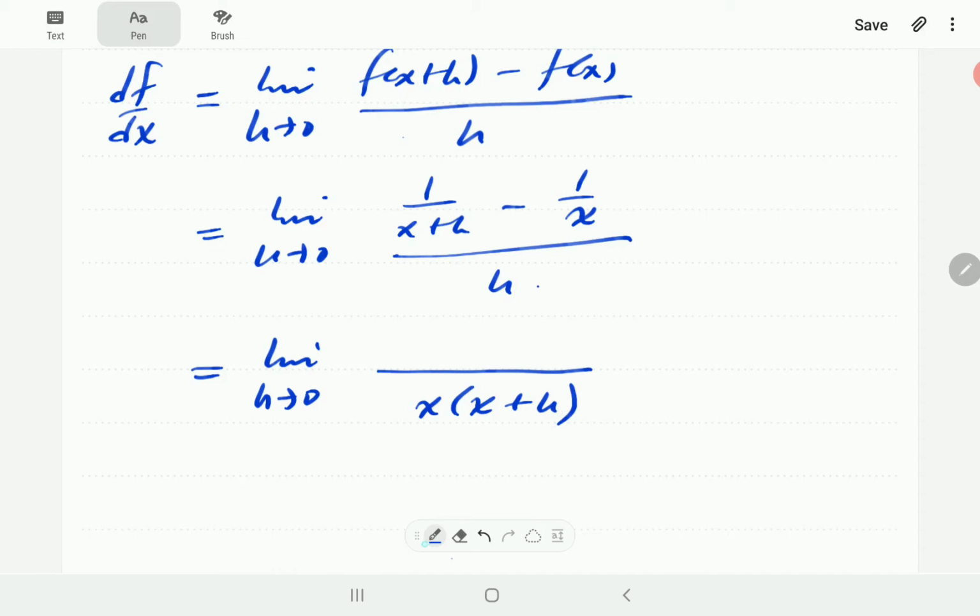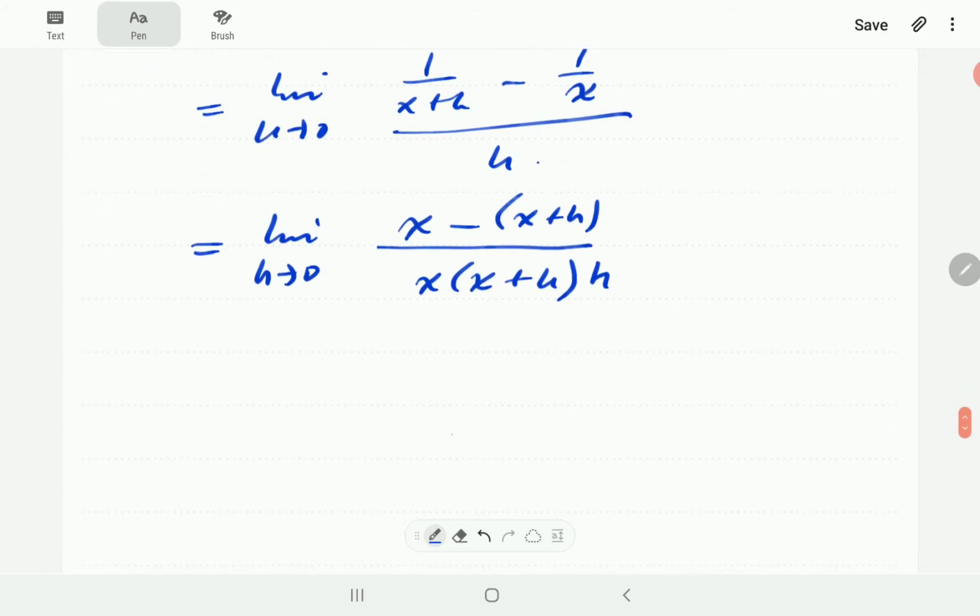Then we ask how many times does this go into this, and the answer is it goes x times. And how many times does this go into this? It goes x plus h times. The brackets are important. And then this h here is going to tuck in there.